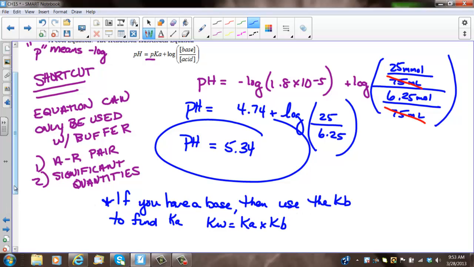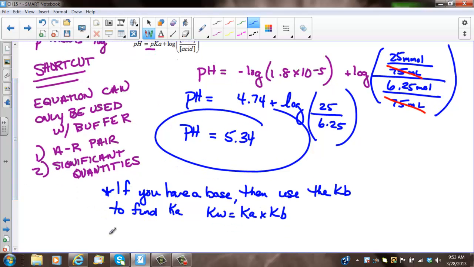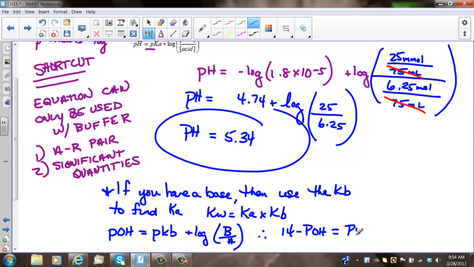Now, I don't want to confuse you, but you could also rearrange this formula and you could have pOH equals the pKb plus the log of the base over the acid. So technically you could use the pKb as it is, but you would be finding the pOH, which then you would have to do 14 minus pOH to get pH.